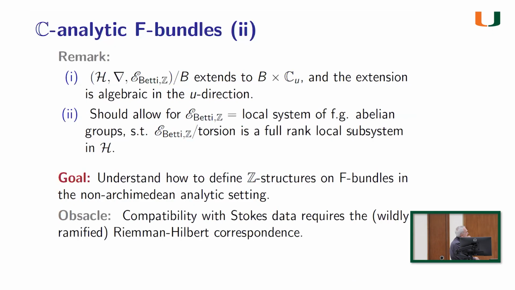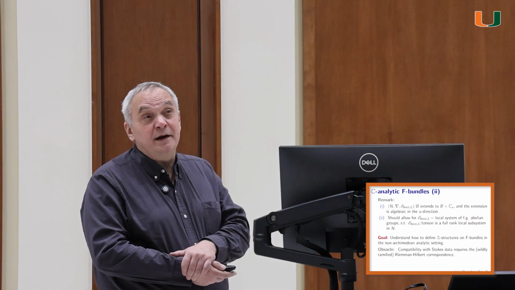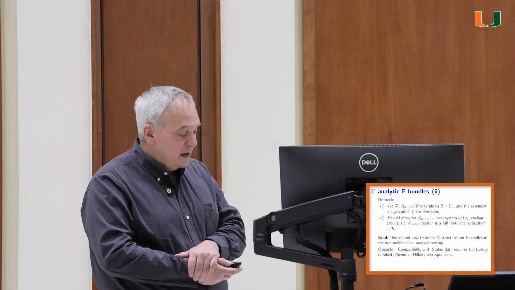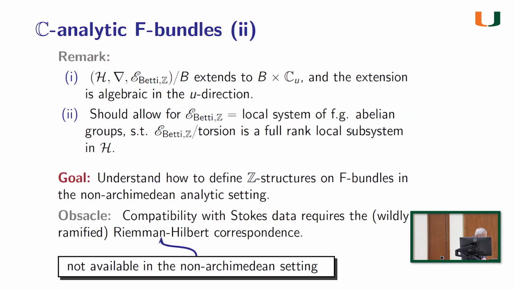And the key difficulty in doing this is that these local systems and their compatibility with the Stokes data, in the C-analytic context, require the Riemann-Hilbert correspondence. And that's what we're missing in the non-Archimedean setting. There is unfortunately no Riemann-Hilbert correspondence for non-Archimedean flat bundles in equal characteristic.